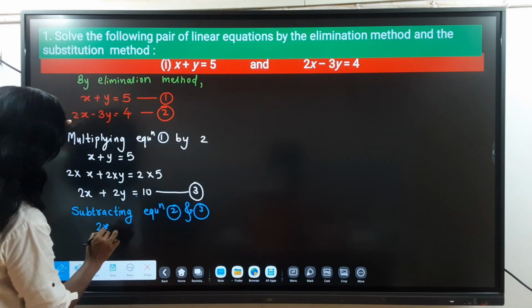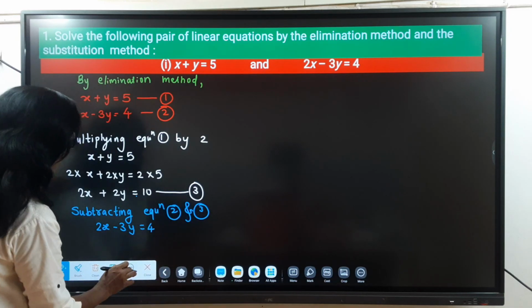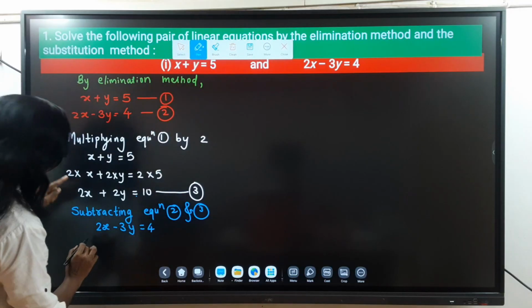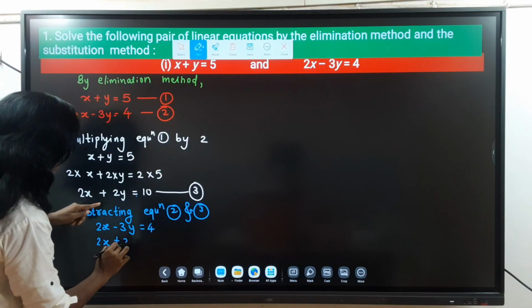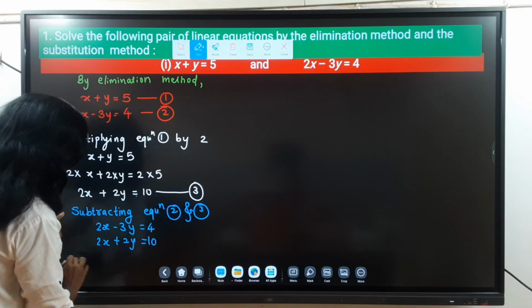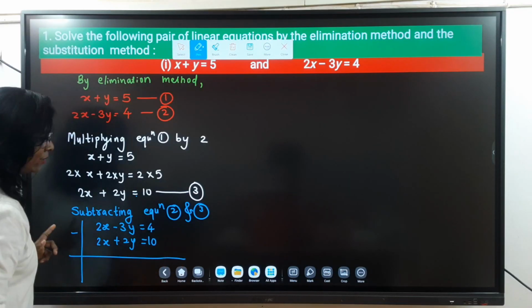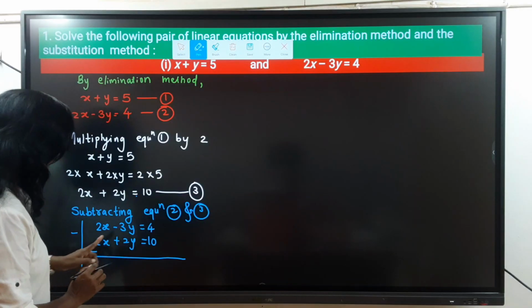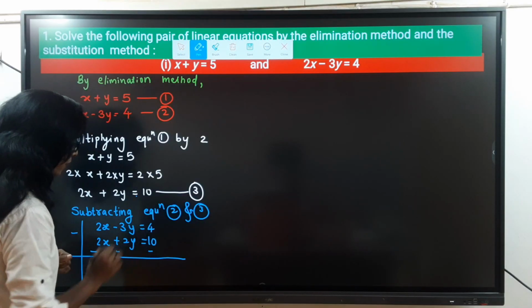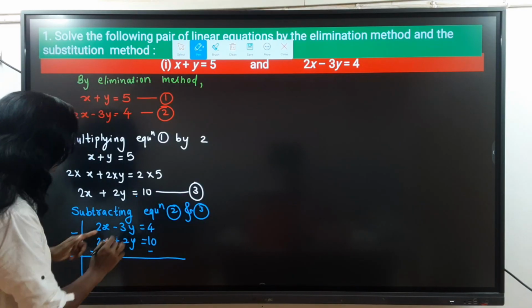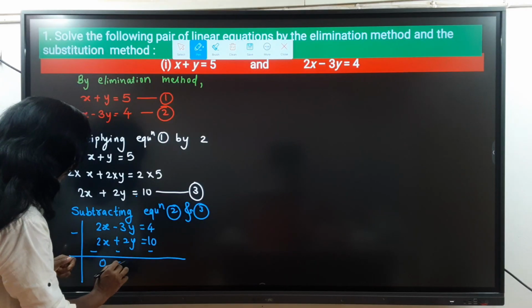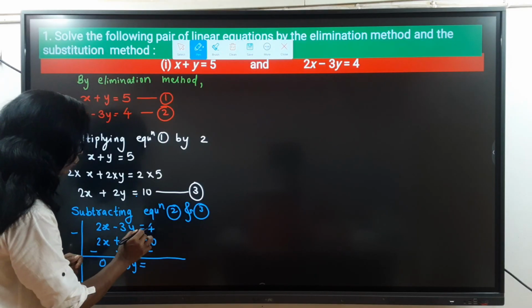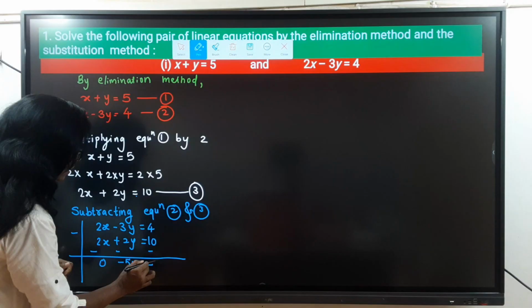That means the second equation 2x minus 3y is equal to 4 and the third one 2x plus 2y is equal to 10. Now subtracting, change the sign, students. Here minus sign, here positive 2, negative. So 2x minus 2x is 0. Minus 3 minus 2 means minus 5y is equal to 4 minus 10, which is minus 6.